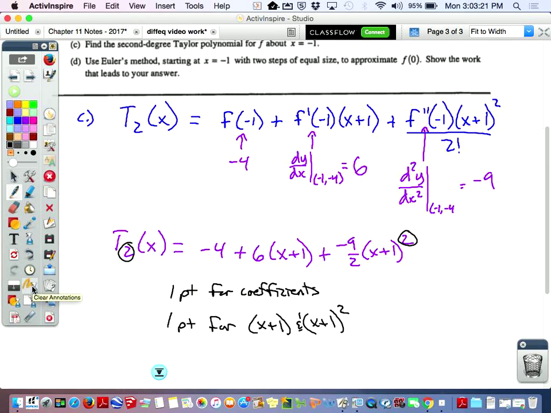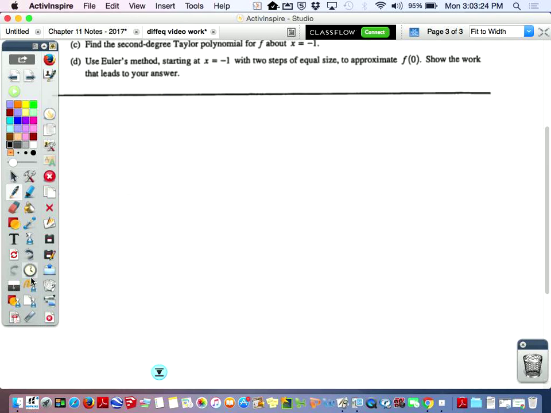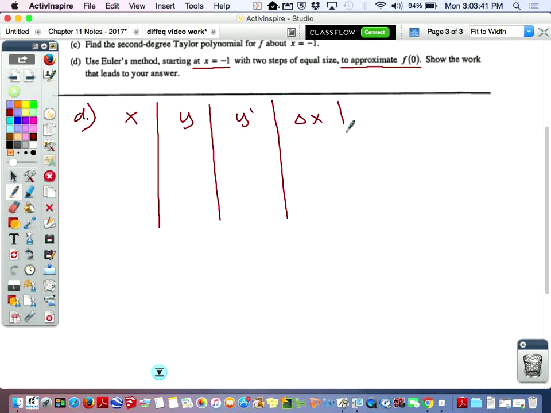It's another Euler's method question. For our Euler's method here, it says starting at x equals -1 with 2 steps of equal size to approximate f of 0. So again, we're going to make our 5 columns for Euler's method. You guys are getting really good at this now since every question has asked us about this.